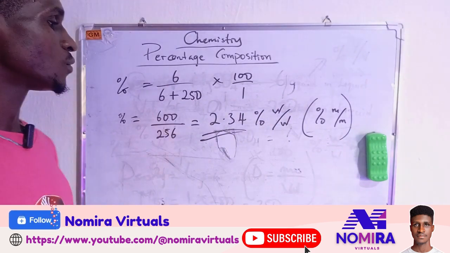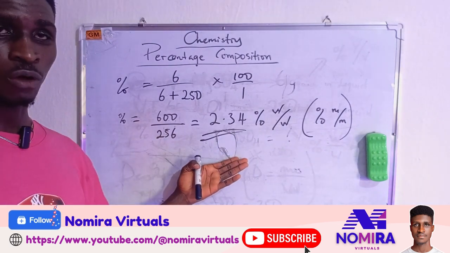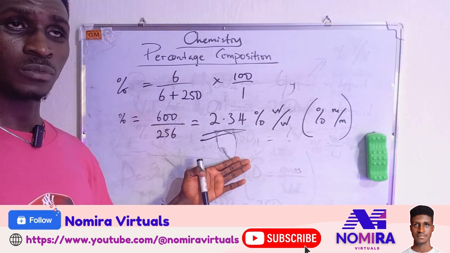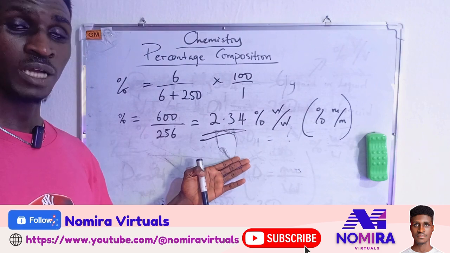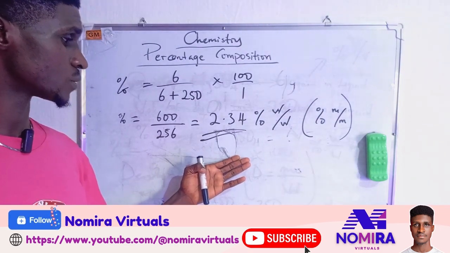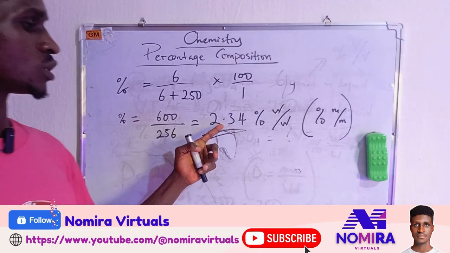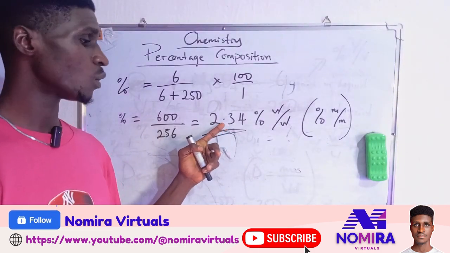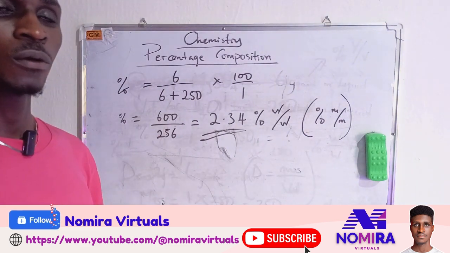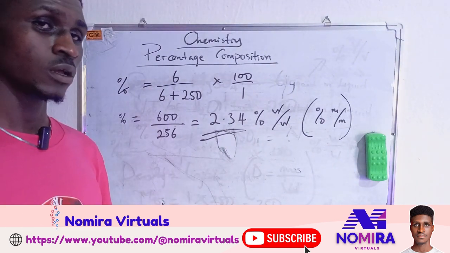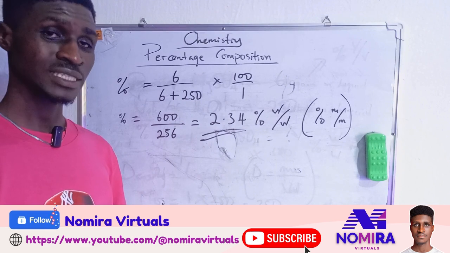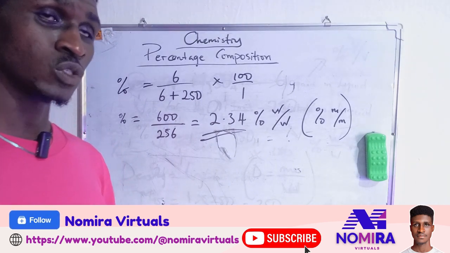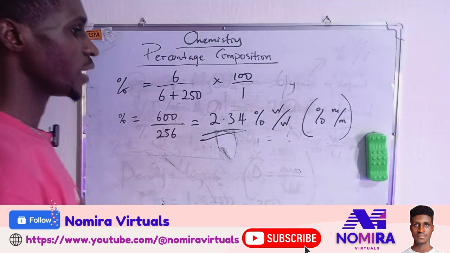By this, you have gotten the concentration of that particular salt, magnesium tetraoxosulfate salt. It will give you an approximate value of 2.34% weight by weight of magnesium tetraoxosulfate salt in that solution. All right.